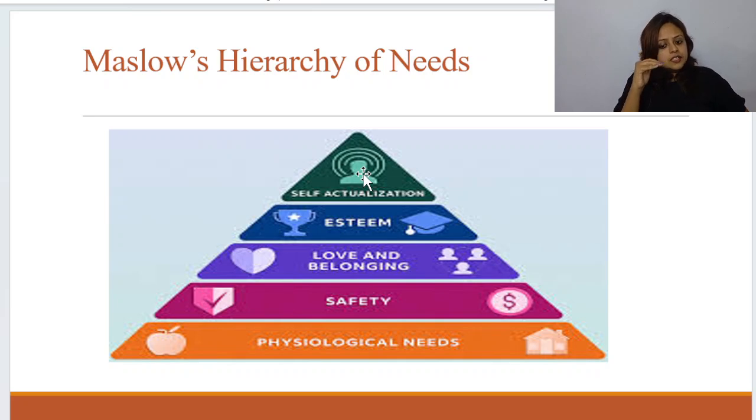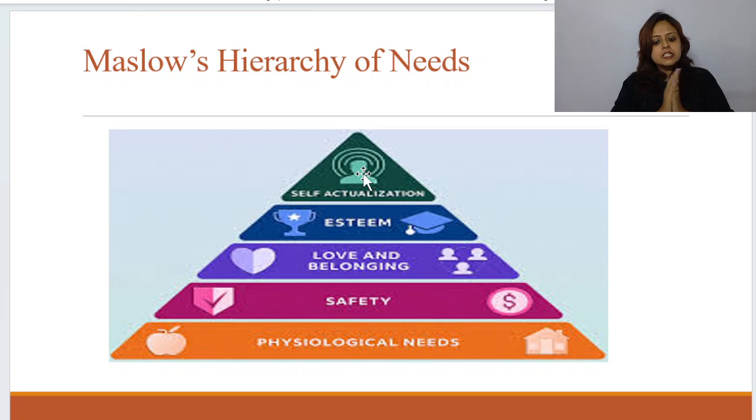After the satisfaction of love and belongingness need, the individual will move to the esteem need, and lastly the person will move to the highest order need according to this picture, which is the self-actualization need. So now let me explain what these needs are.